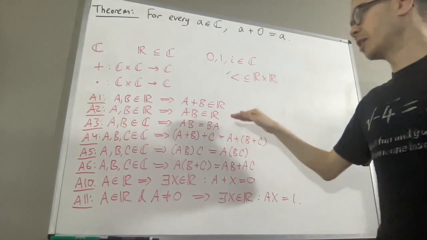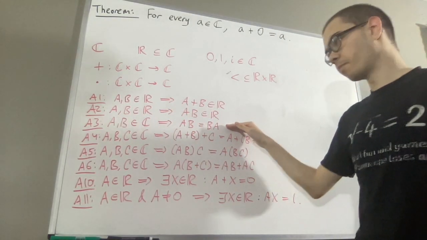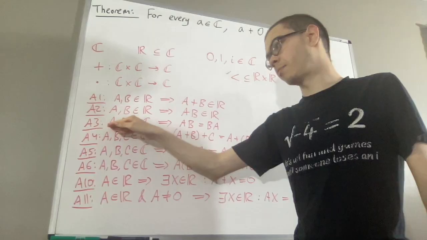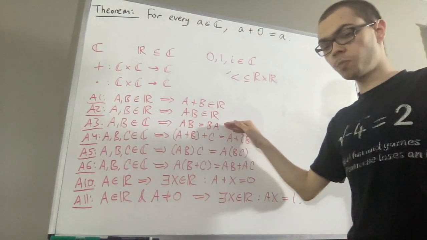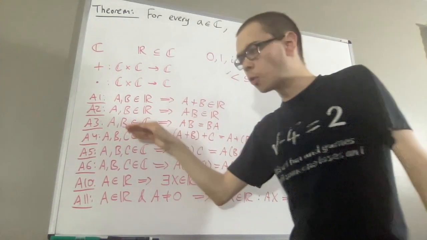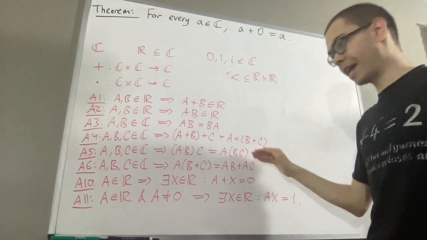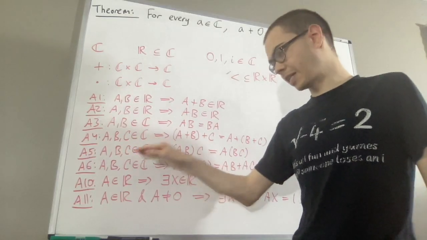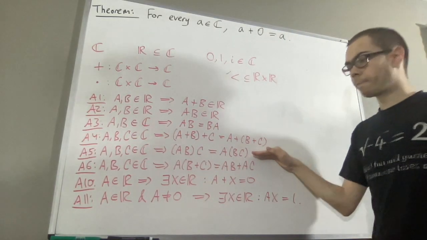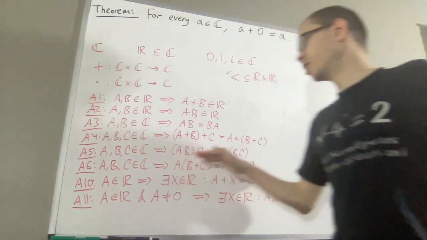Axiom 3 is the commutative law for multiplication. So given any two complex numbers a and b, this equality is true. Axioms 4 and 5 are the associative laws for addition and multiplication. So given any three complex numbers a, b, and c, these equalities hold. Axiom 6 is the distributive law.